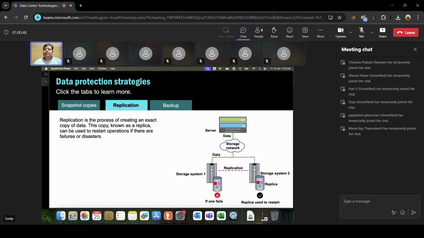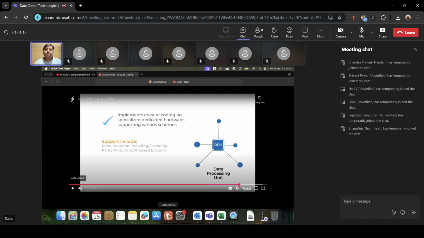But there are cases where asynchronous replication is also needed. Asynchronous replication means you are going to do this replication task in intervals of 1 hour or 2 hours or 4 hours. Now, why this is used and how it is applied, let me show you.